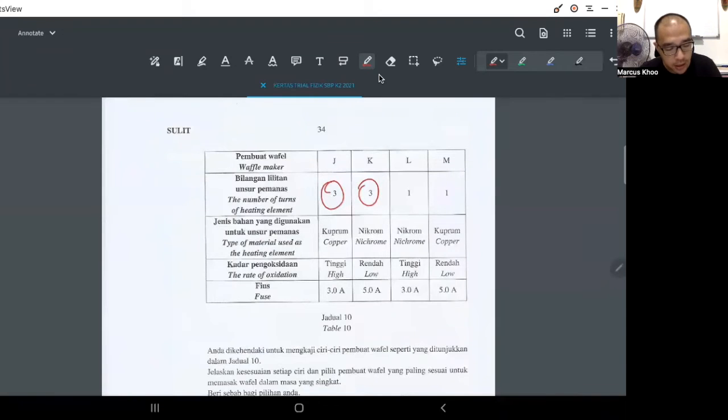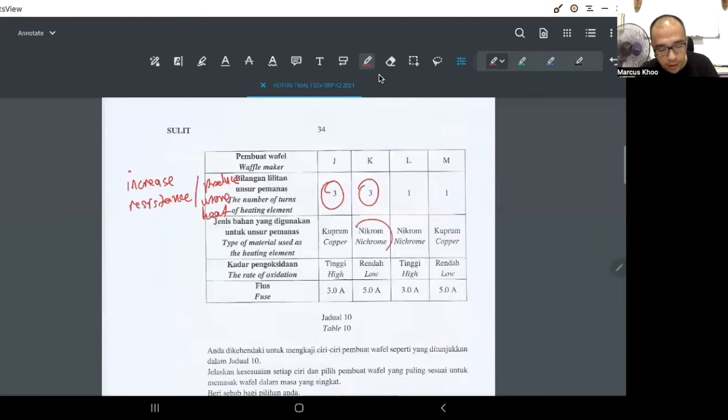The reason is to increase resistance and produce more heat. After a while, you will find that you answer long enough, it's always the same answer: you increase resistance, which means you produce more heat. You do that with a longer wire, a thinner wire, or nichrome.